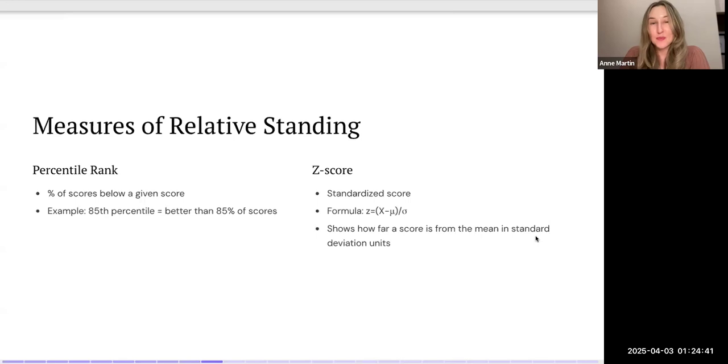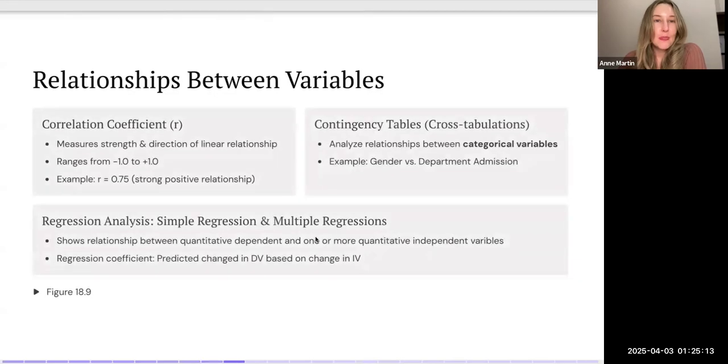A score in the 85th percentile would mean that that score is higher than 85% of all other scores. So closer to 100 is the better score, closer to 0 is the lower score. And then we have the z-score, which is also a measure of relative standing. This is related to how far a score is from the mean in terms of standard deviation.